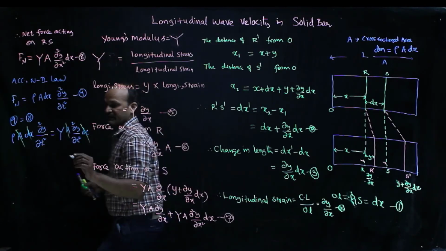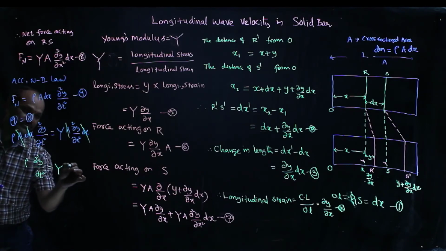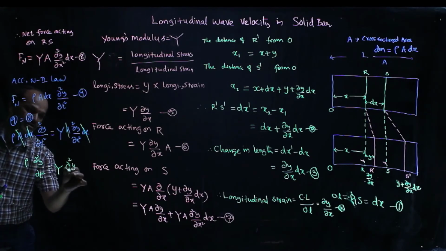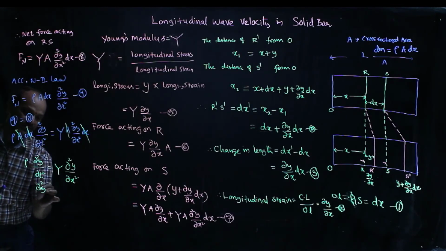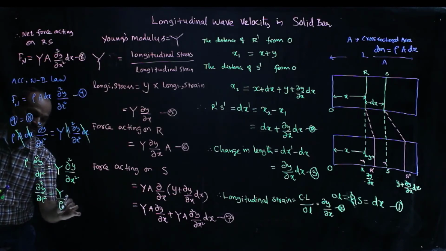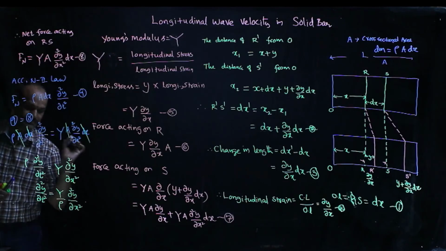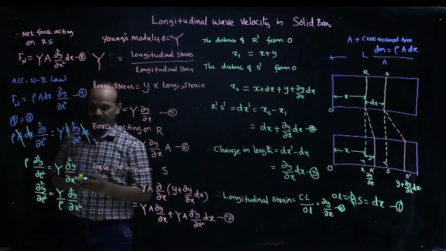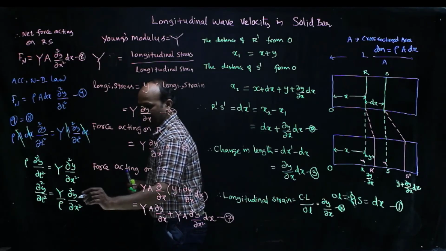So remaining here we have rho ∂²y/∂t² is equal to Y ∂²y/∂x². So from here ∂²y/∂t² is equal to Y by rho ∂²y/∂x².